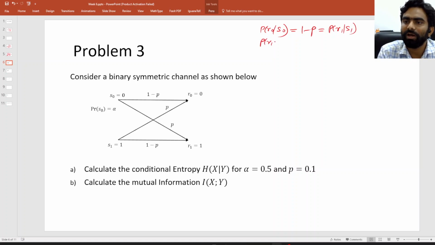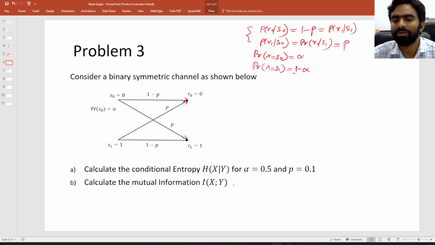Similarly, the probability of R1 given S0 is equal to the probability of R0 given S1. And the probability that X equals S0 is alpha, and the probability that X equals S1 is 1 minus alpha. That is given in the question.